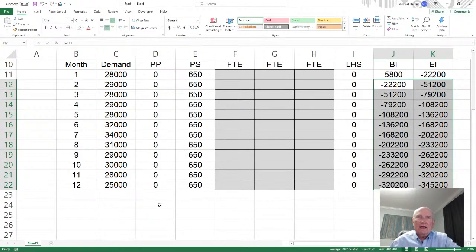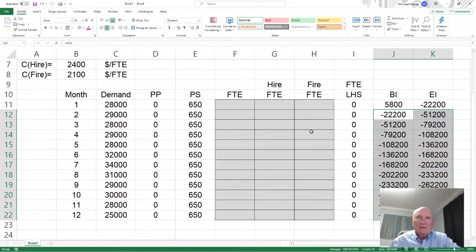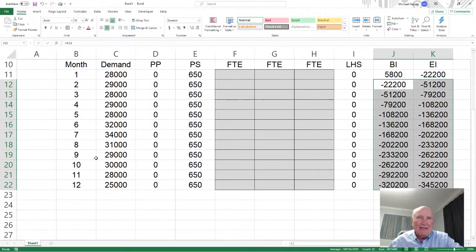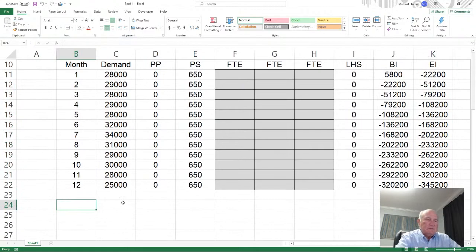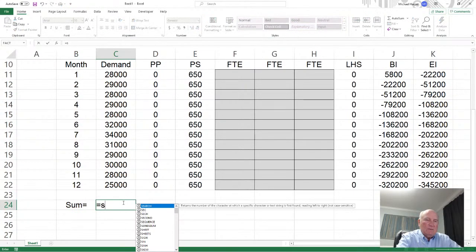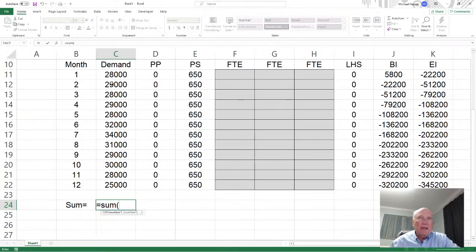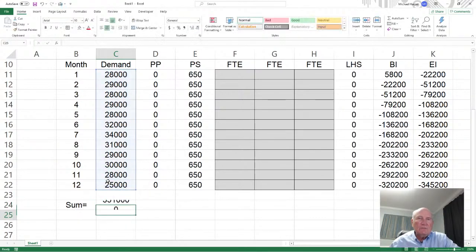And so, okay, well, see, there's no production here. So basically we're saying our inventory is just going to go negative with our demand. Okay, actually, if we sum this, equals the sum of all of our demand. Notice our demand is 351,000 items for this next year, for the fiscal year, whatever the year is.